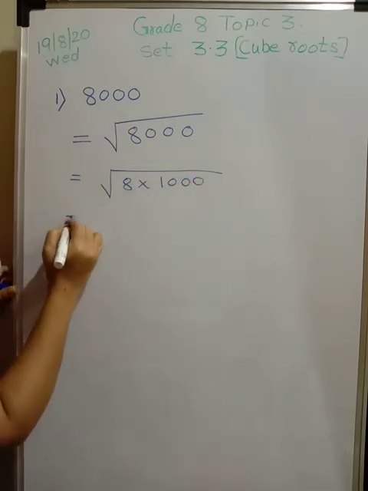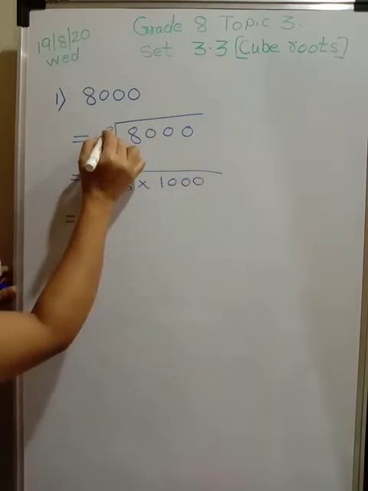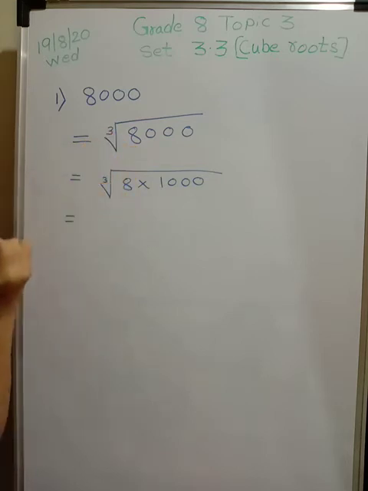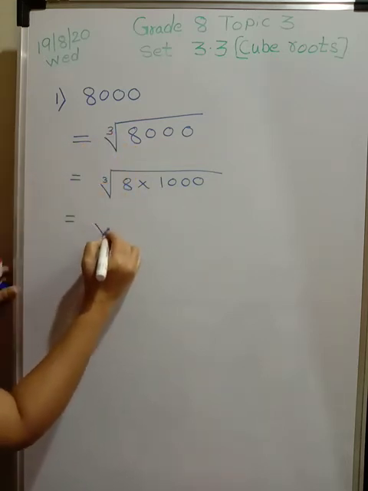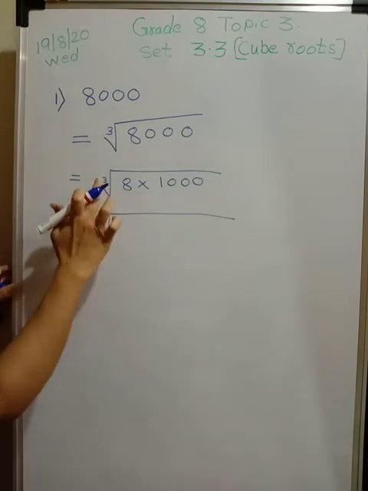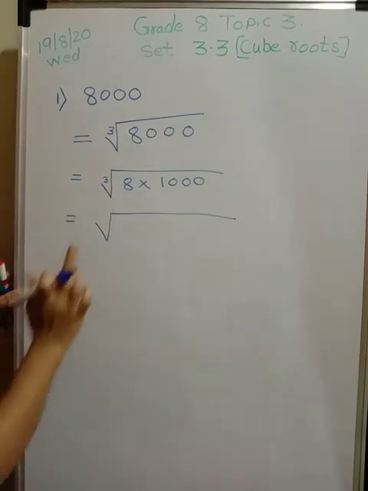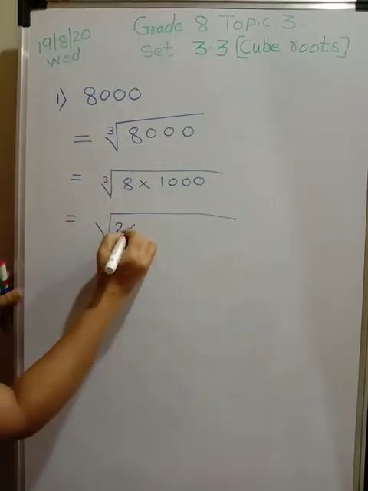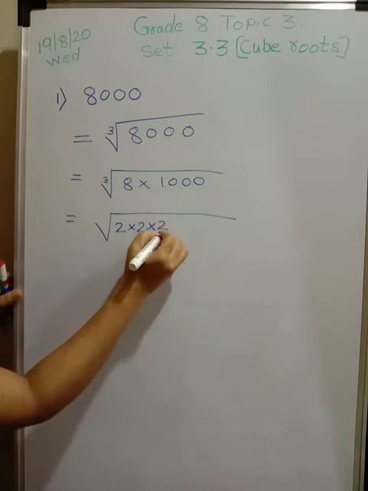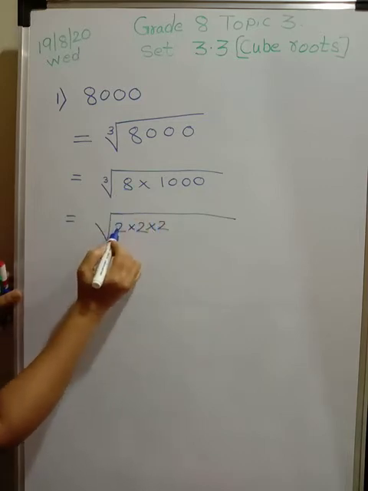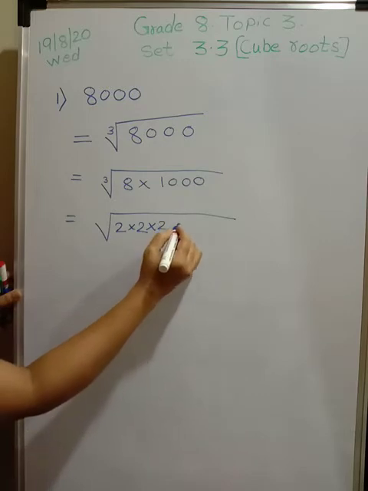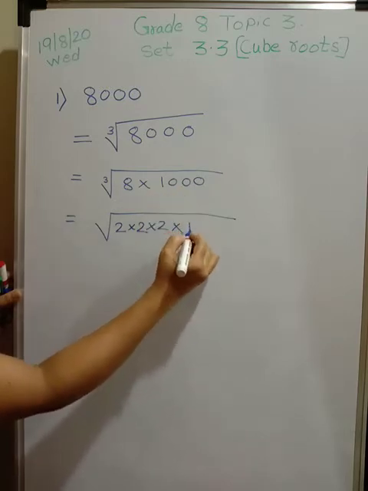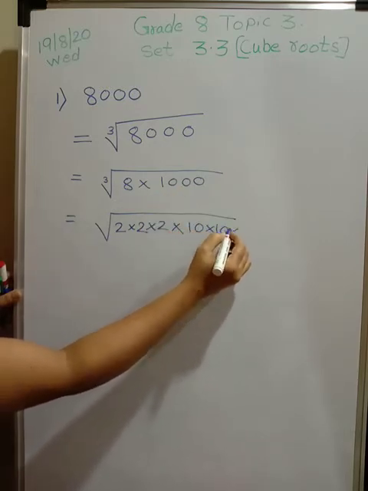Now what is 8? This is a cube root, so I am writing 3 over here. Now which number can be multiplied 3 times to get 8? It is 2, we know that. 2 into 2 is 4 and 4 2s are 8. So for 8 I am writing 2 into 2 into 2, and for 1000 I can write 10 into 10 into 10.